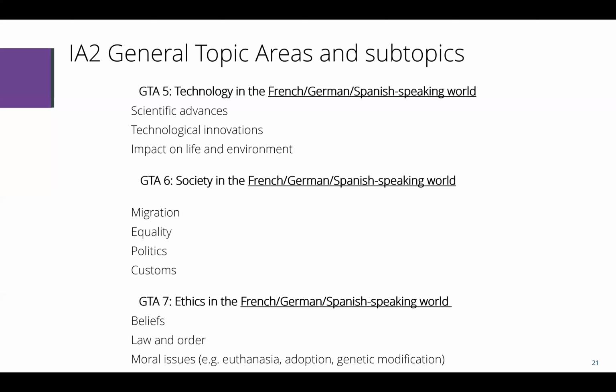Now, there's a really big difference, which is important for the oral. The ones that are in IAS, so the four that we had right at the beginning, those are general. They are not specific to the countries or communities of the language you are teaching. Whereas these three here, you can see it says General Topic Area 5, Technology in the French, German, Spanish speaking world.